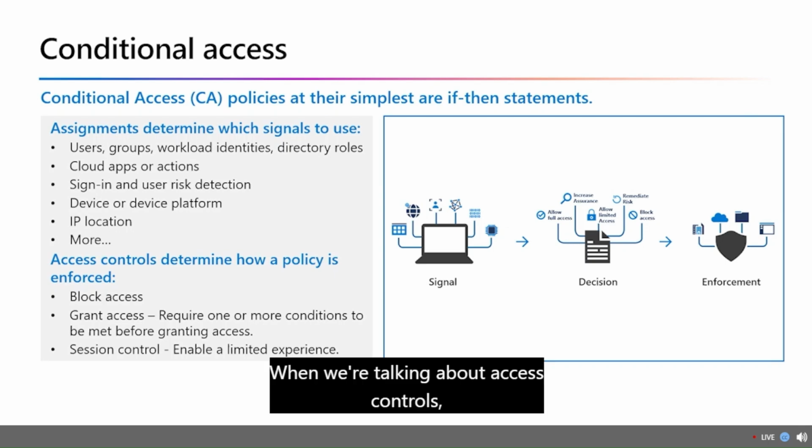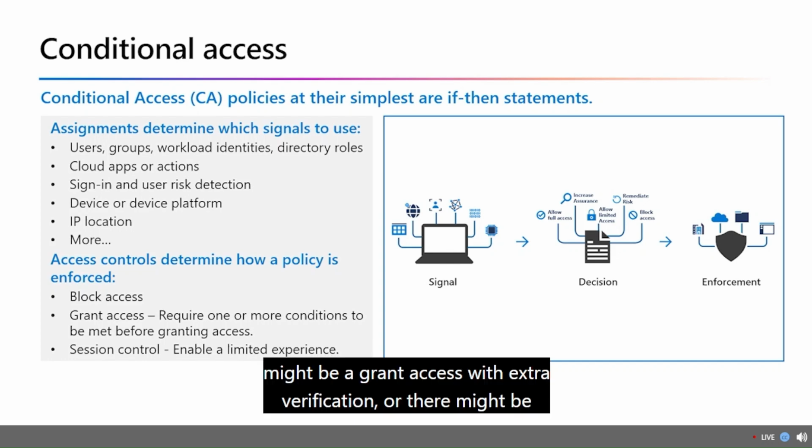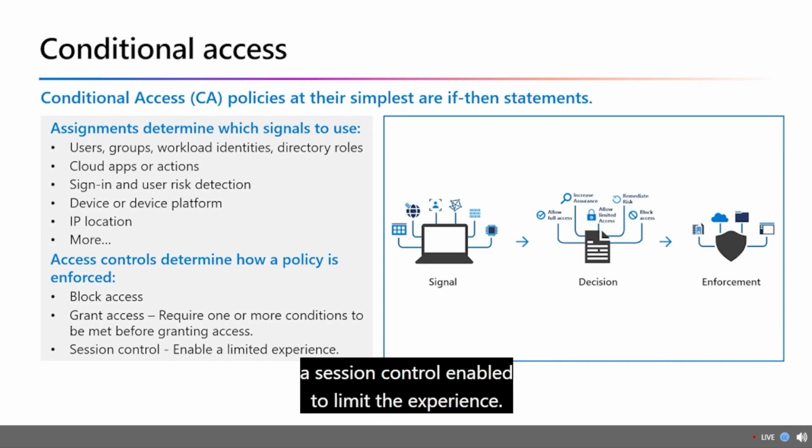So when we're talking about access controls, when the conditional access policy has been applied, an informed decision is reached on whether to block or grant access. There might be a grant access with extra verification, or there might be a session control enabled to limit the experience.